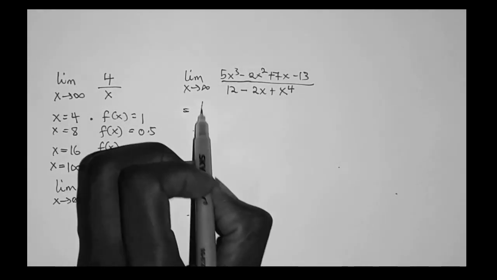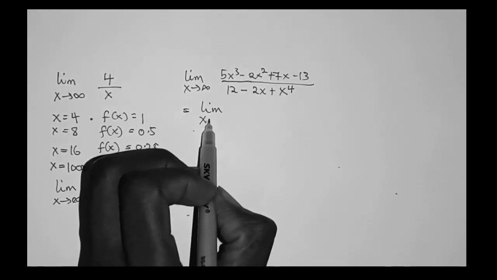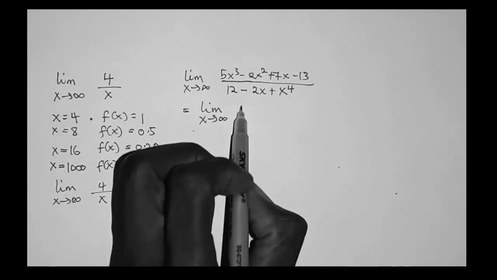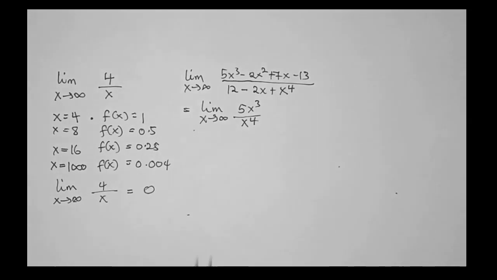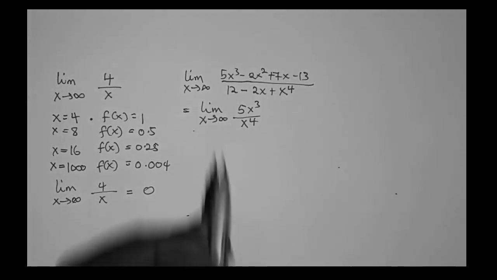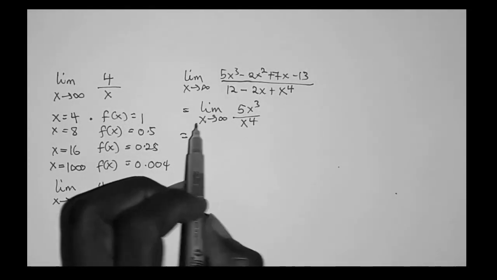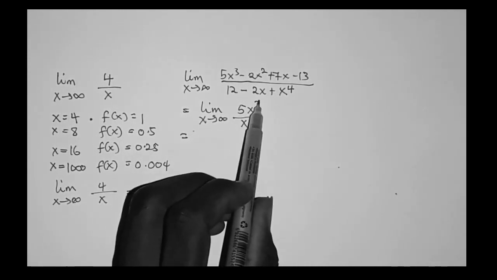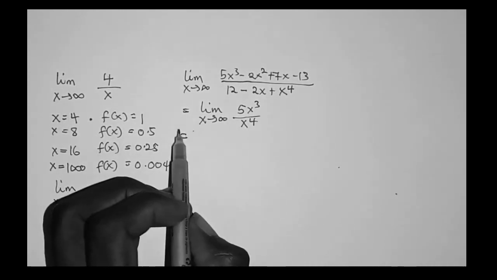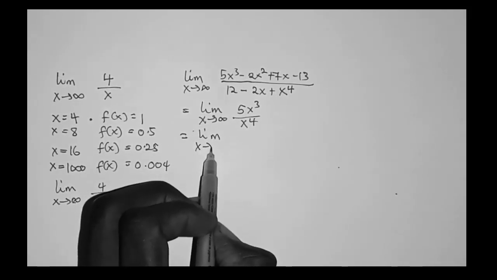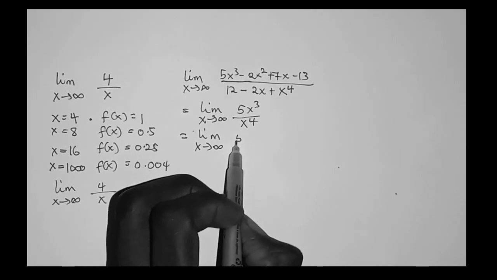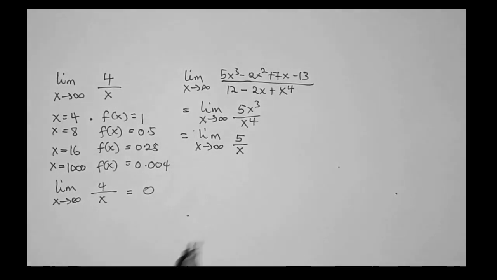So this will be equal to limit as x approaches infinity of 5x cubed over x exponent 4. You see that x exponent 3 will divide x exponent 4, so it will be left with limit as x approaches infinity of 5 over x.